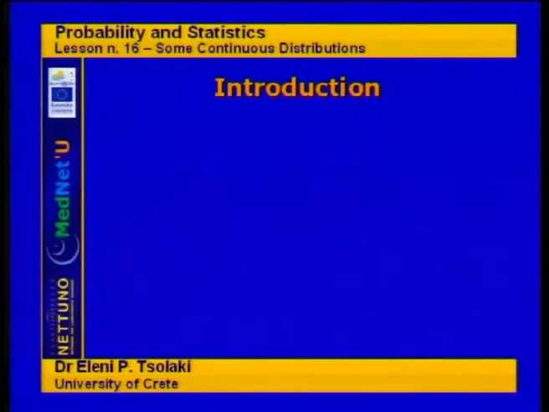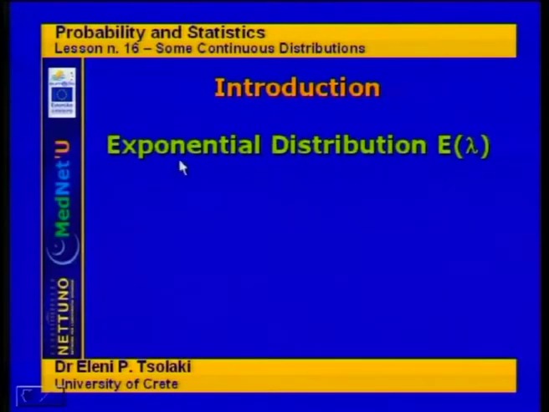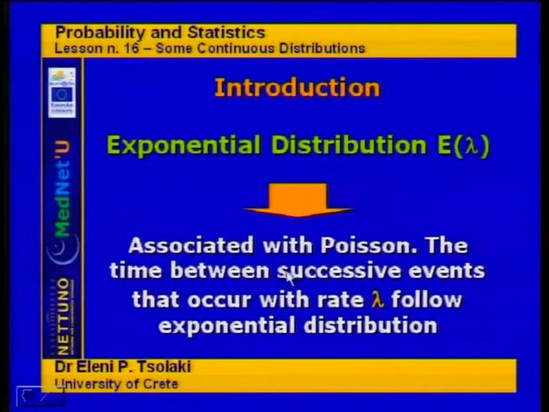The exponential distribution is denoted by the capital letter E. Again, we have a rate lambda here, like for the Poisson distribution.